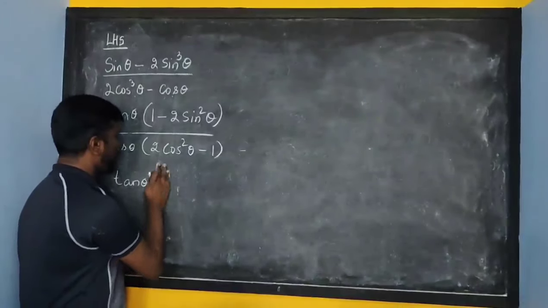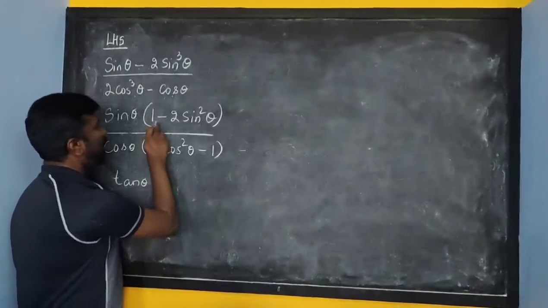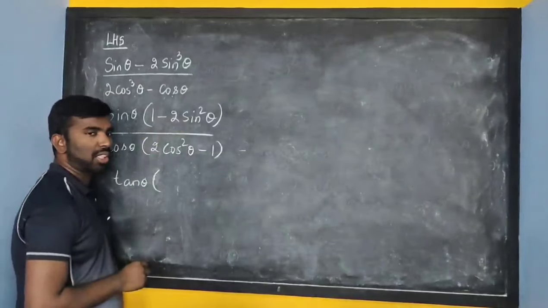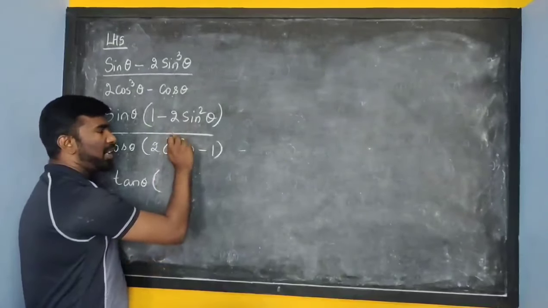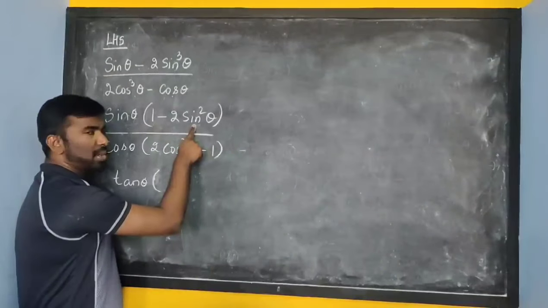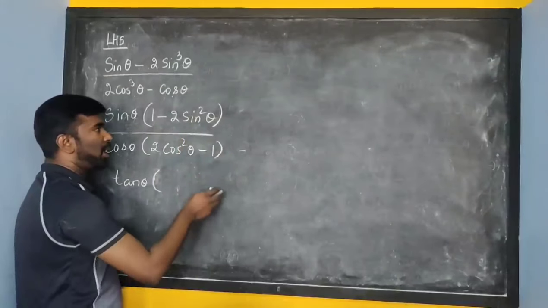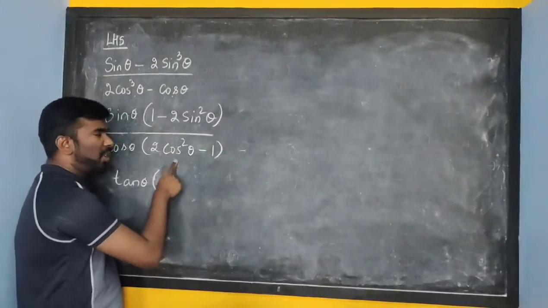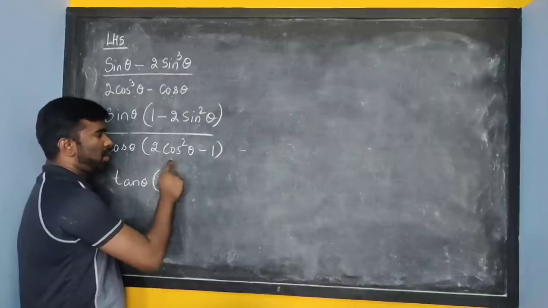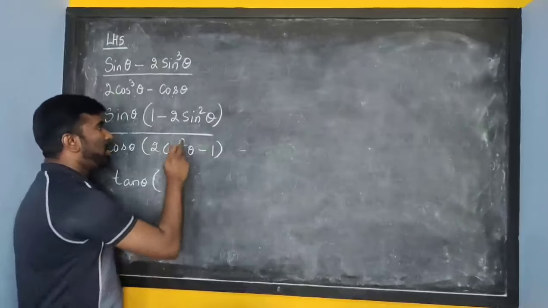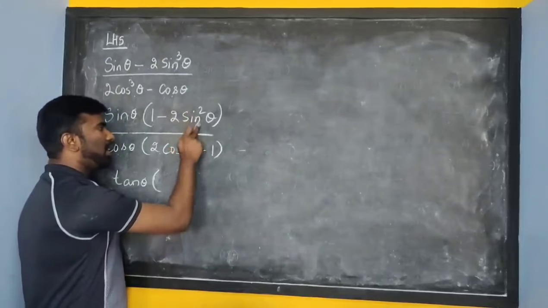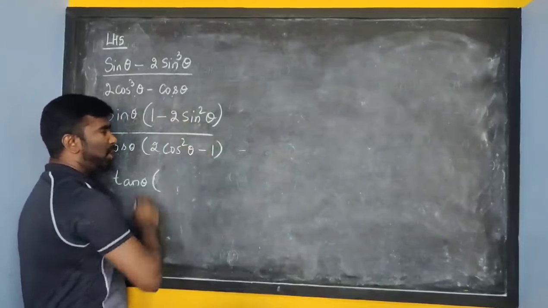And what is the remaining term in the numerator? 1 minus 2 sin square theta. Students, either replace using identity 1, sin square theta by 1 minus cos square theta, or in the denominator replace cos square theta by 1 minus sin square theta. You should use it only once, either in the denominator or in the numerator.